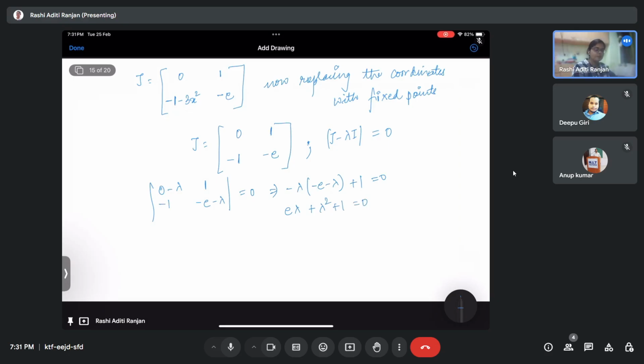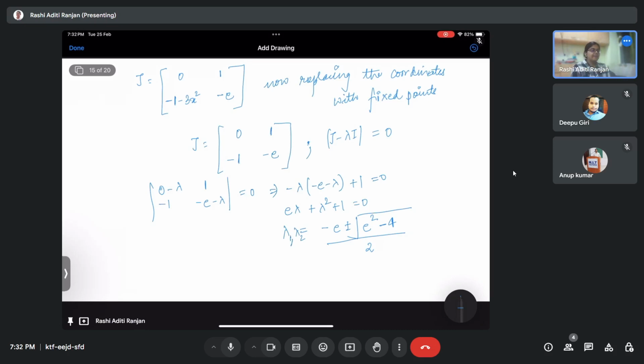Okay, this is going to be the equation. So my lambda is going to be minus b plus minus the square root of e square minus 4, divided by 2. This is going to be both eigenvalues, lambda 1 and lambda 2.